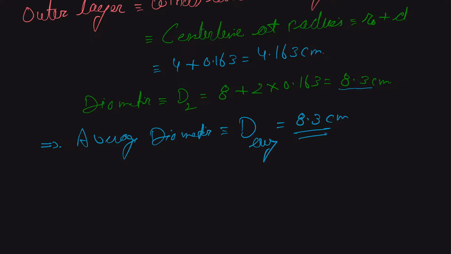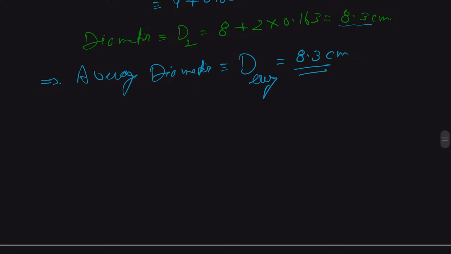Most of the time it is not mentioned, but sometimes the question itself mentions the actual value of diameter which has to be taken. And from here we can find out the circumference per turn.